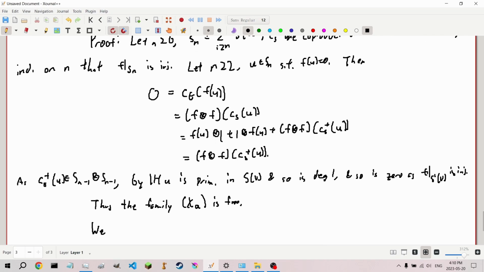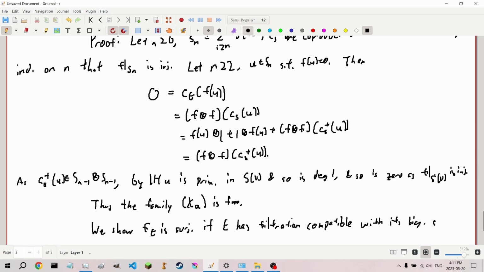We will show Fe is surjective if E has a filtration compatible with its cogebra structure.